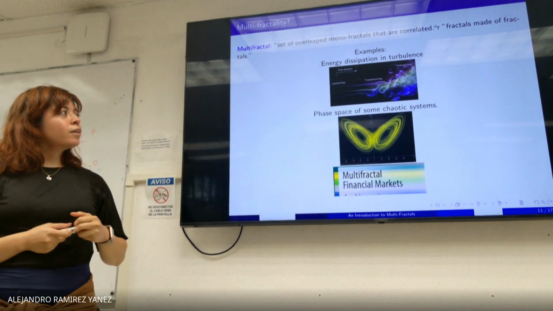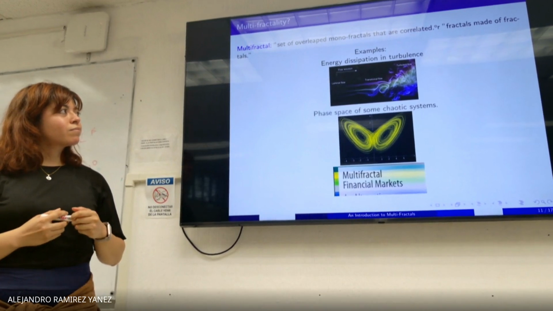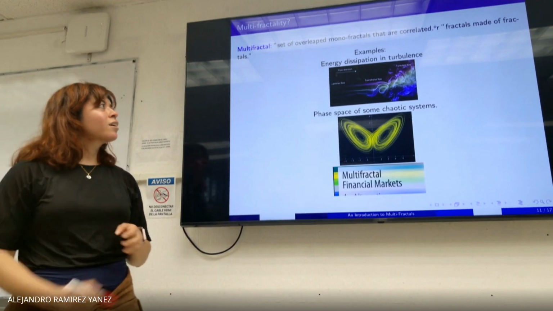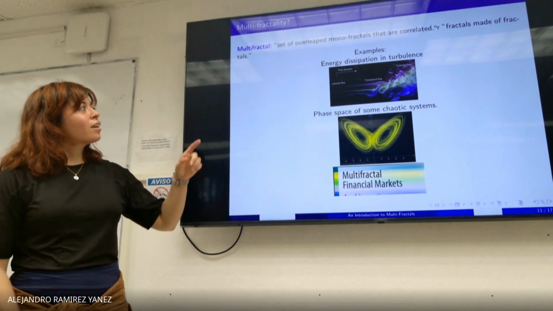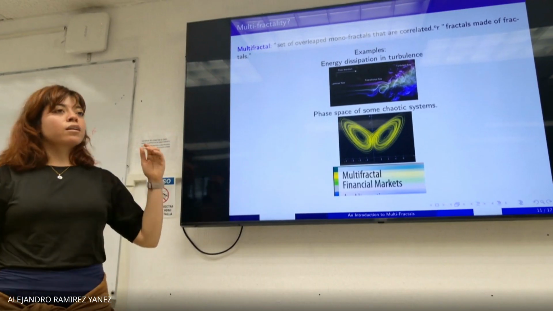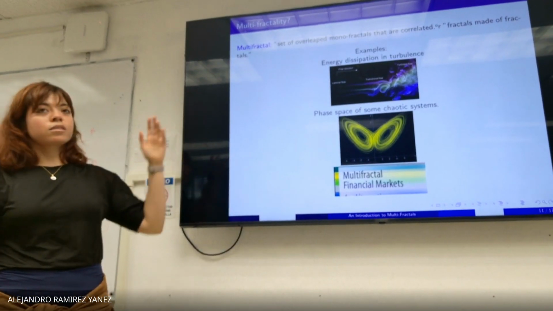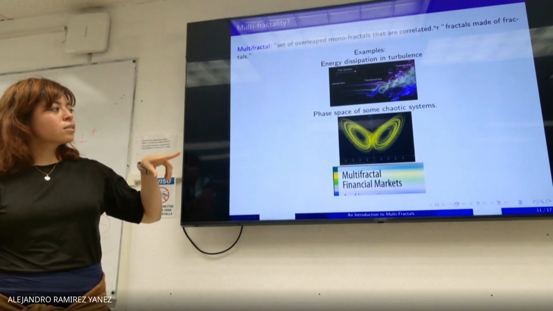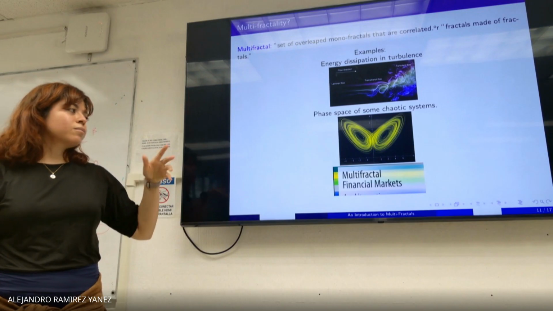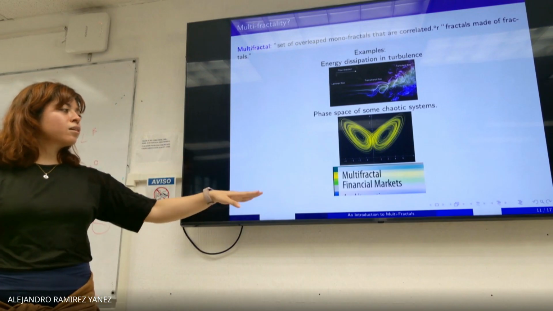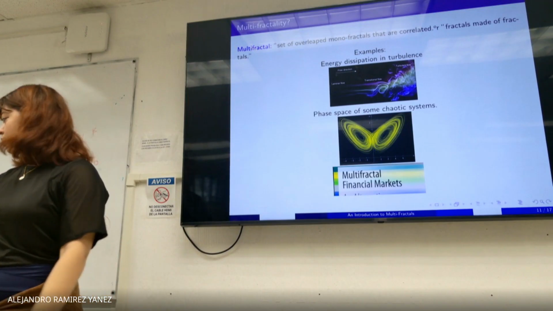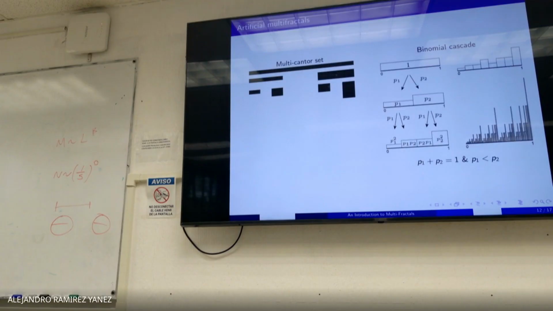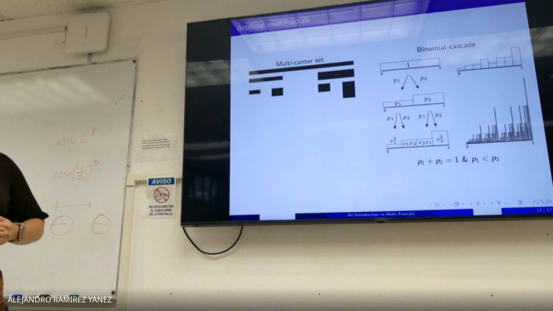Examples in turbulence is where you will find most of the bibliography of multifractals. The dissipation of energy that occurs in turbulence forms a fractal. Also on phase spaces of some chaotic systems you can find multifractals, and they are used to study financial markets. Just examples of where they are applied.